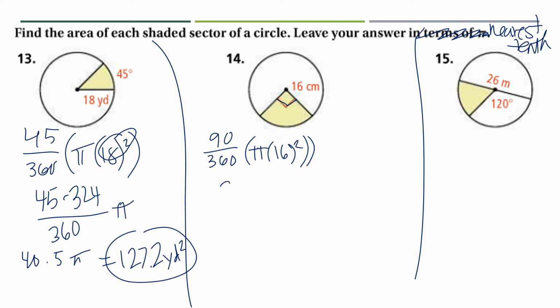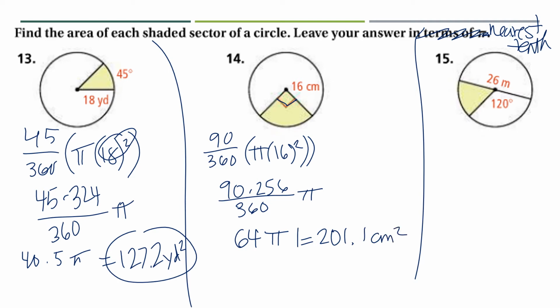So 16 squared is 256, and again I'm going to put that 256 with the 90, put the 360 on the bottom, and then you're just going to bring the pi down to get your final answer. 90 times 256 over 360 ends up being 64, and you bring that pi down, and then your final answer should be 201.1 centimeters squared.